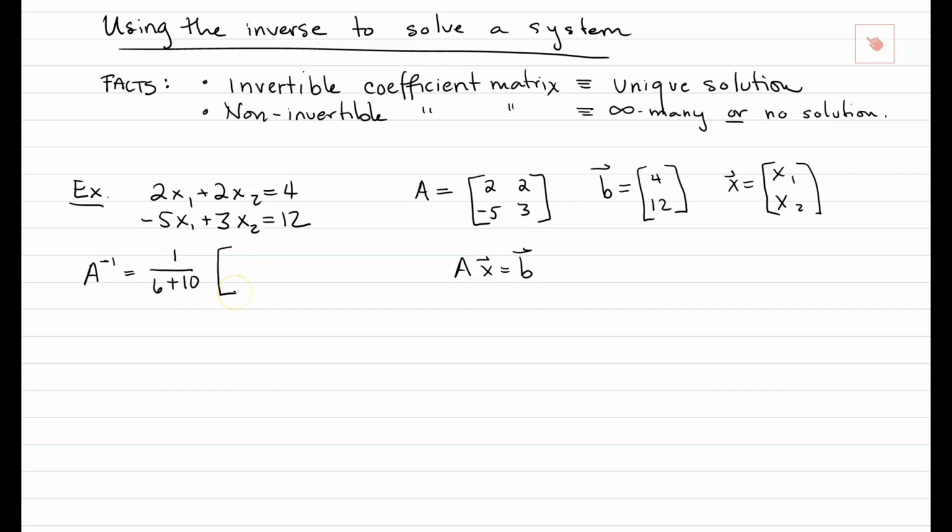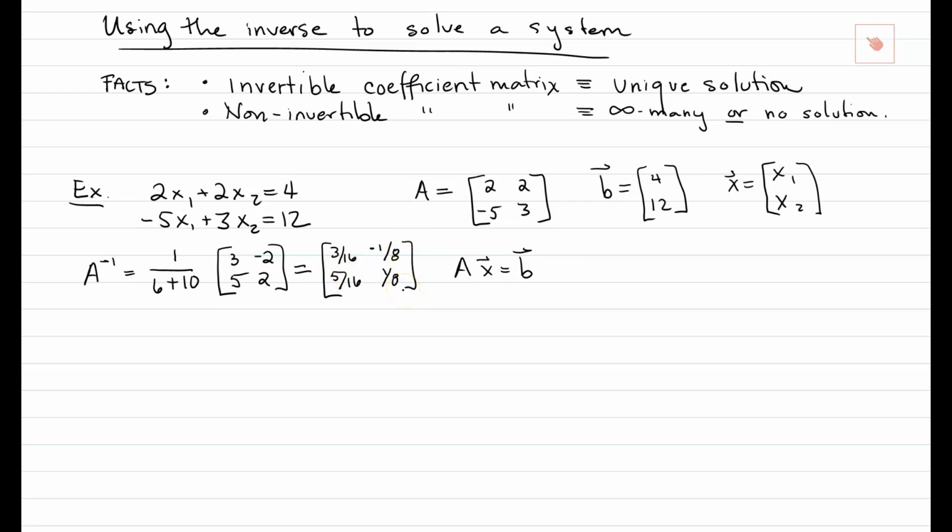And then we're going to multiply that number by the matrix we get when we swap the diagonal entries of A and negate the off-diagonal entries. So simplifying this a little bit, we have 3/16, minus 1/8, 5/16, and 1/8.